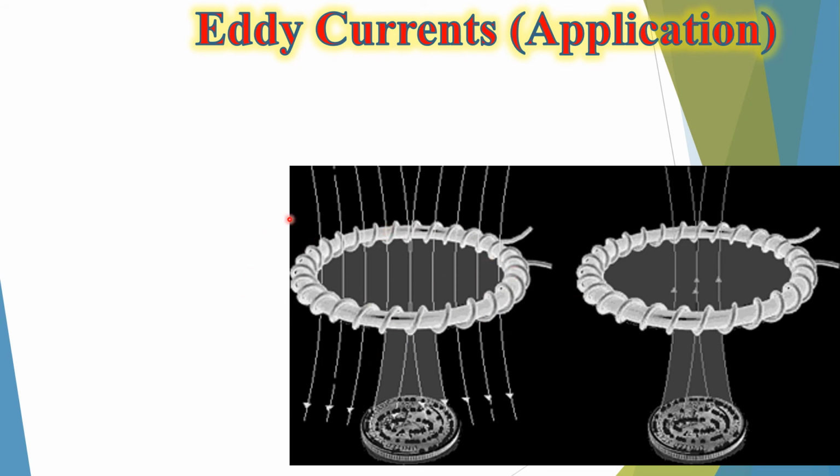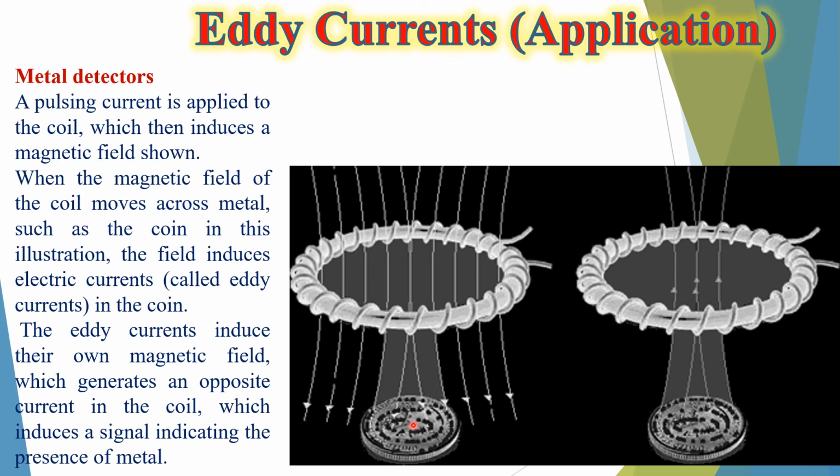Due to change in current, magnetic flux must be changing through this coil, so it will also be changed through this coin. So there is a changing magnetic field through this coil and through this coin. Due to the change in magnetic flux through this coin, there will be eddy current in this coin. And this is used in metal detectors.